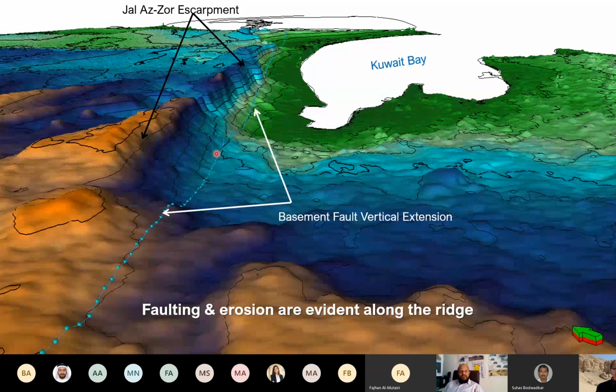As far as we are concerned today, Jal Az-Zor is a fault escarpment that could have suffered and has suffered some erosion, which is normal, but it has not been eroded several kilometers back.